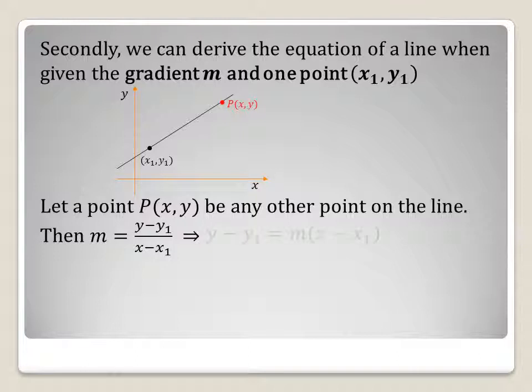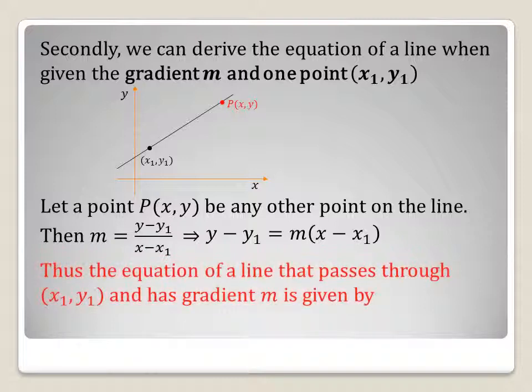If we cross multiply, we have y minus y1 equals m into bracket x minus x1. In general, the equation of a line that passes through the point (x1, y1) and has gradient m is given by y minus y1 equals m(x minus x1). We may call this form of writing the equation of a line the point-slope form.